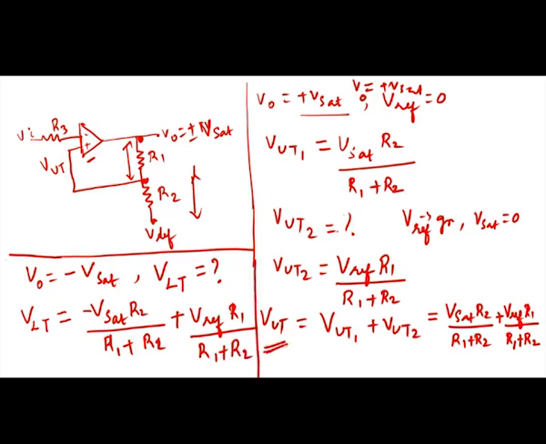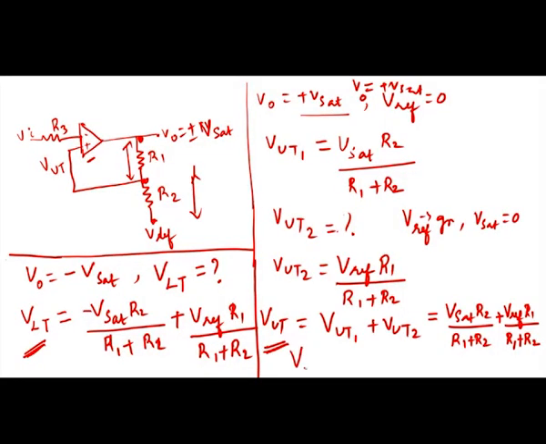So, now we have calculated the upper threshold voltage and the lower threshold voltage, and we had come across the term called hysteresis, and hysteresis is the difference between these two voltages, upper threshold voltage and lower threshold voltage. The voltage hysteresis is given as the difference between VUT and VLT, which is given by subtract VLT from VUT.